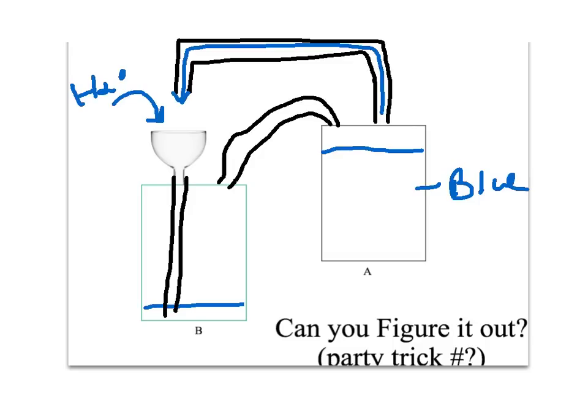And what happened is when I poured water in here, it causes this water level to rise. And so that's exactly what started to happen. The water in here started to rise as I poured it in there.